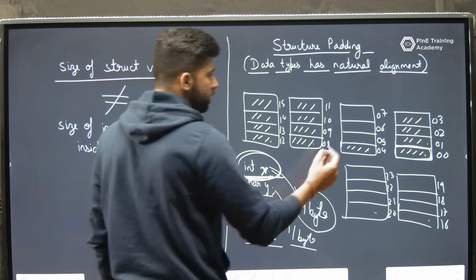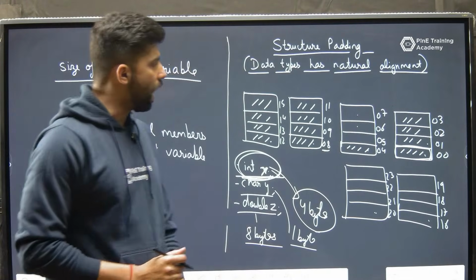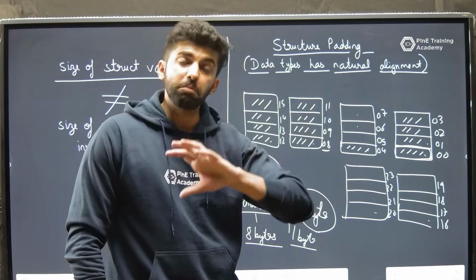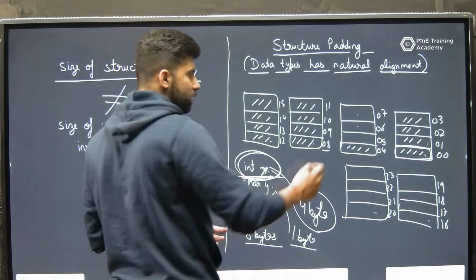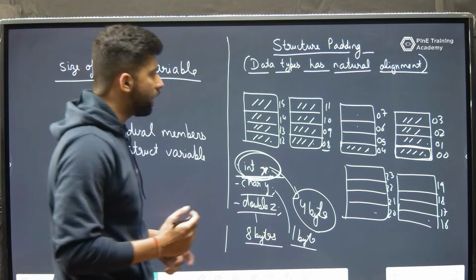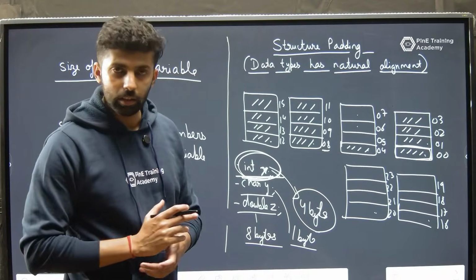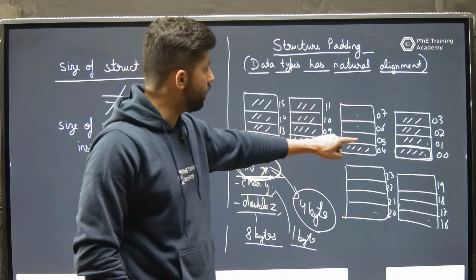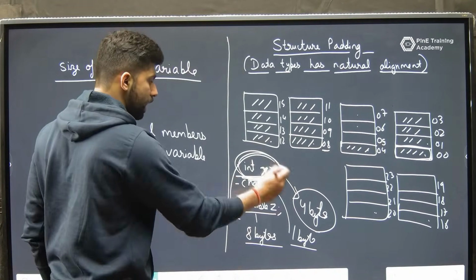So if you see, these 3 bytes are unoccupied. Now it doesn't mean that this memory can be utilized later. It is not possible. This memory will not be utilized later, and this is what we call padding. So we have added 3 bytes of padding.